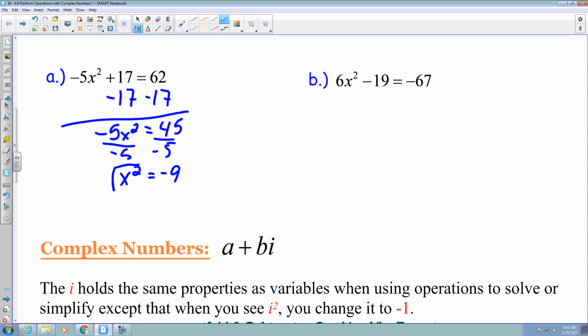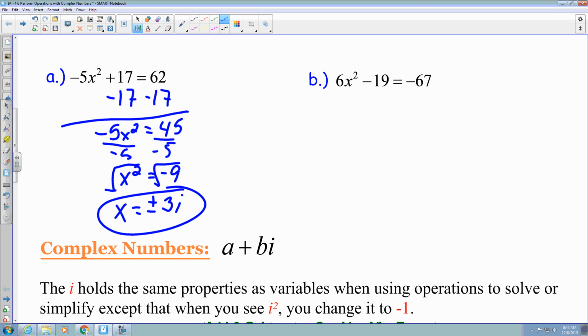Well, I'm going to take the square root of this, and the square root of x squared is just x, but I have a negative inside my square root, so that's going to give me the imaginary number. The square root of 9 gives us 3, but because you place the square root in there, it's going to be plus or minus 3, and we're going to have 3i. So that would be the value for x.